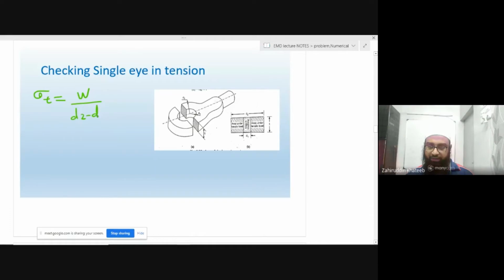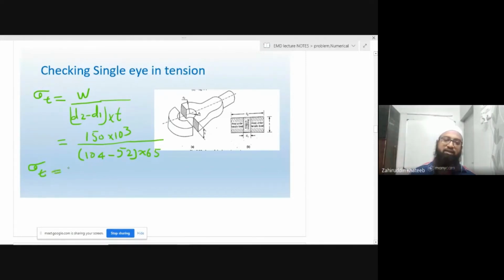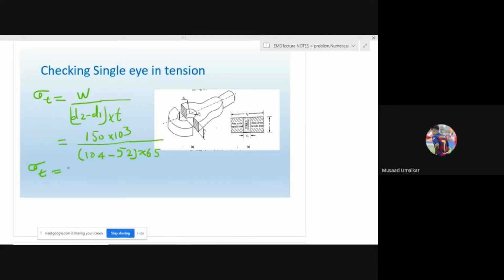The value of W is 150 into 10 raised to 3, the value of d2 is 104, the value of d1 is 52, multiplied by thickness 65. This is the expression. From this expression we will calculate the value of sigma t. Now tell me the value of sigma t. Please calculate on the calculator. It is 44.37.